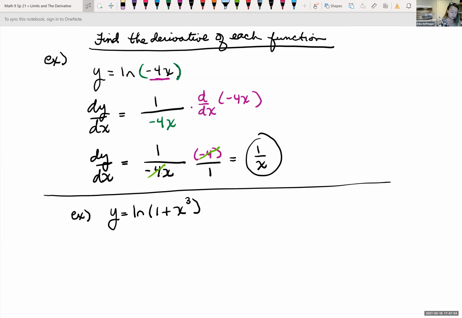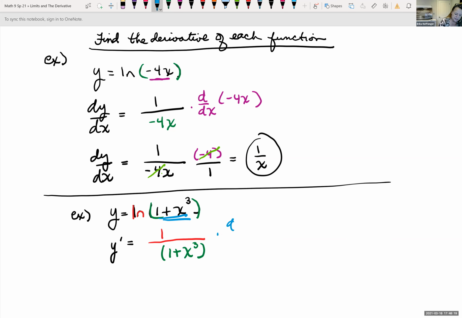We could write it as y prime if we wanted to. So this is equal to, the outer function is the natural log, so it's 1 over whatever you're taking the natural log of, which in this case is 1 plus x cubed, times the derivative of the inner.